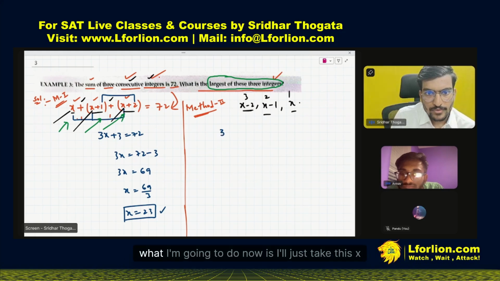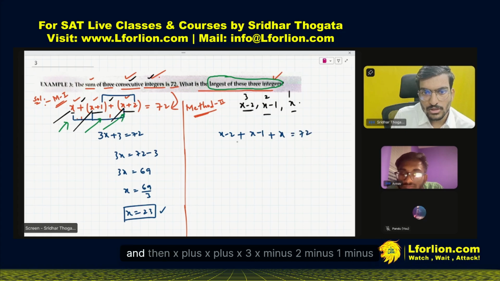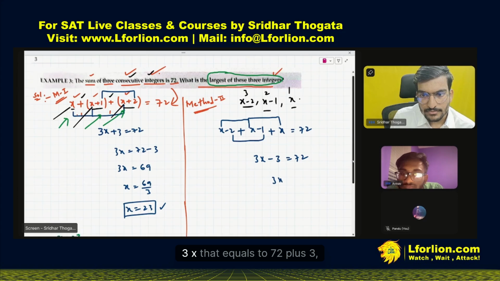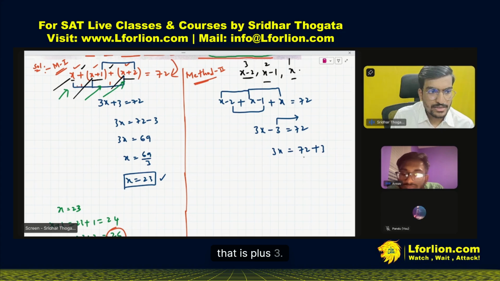So what I'm going to do now is take x minus 2 plus x minus 1 plus x, that equals 72. And then x plus x plus x, 3x, minus 2 minus 1 minus 3... sorry, minus 2 minus 1, that equals 72. 3x equals 72 plus 3. This minus 3 transposed to the RHS becomes plus 3.